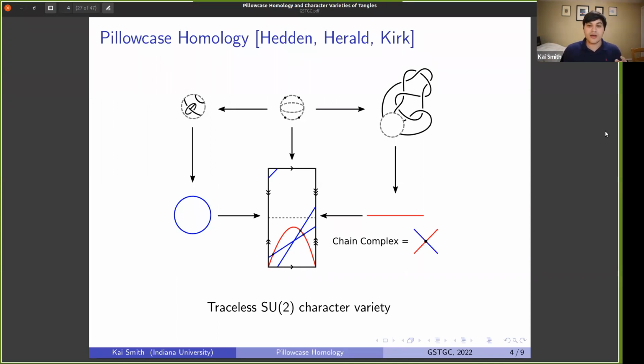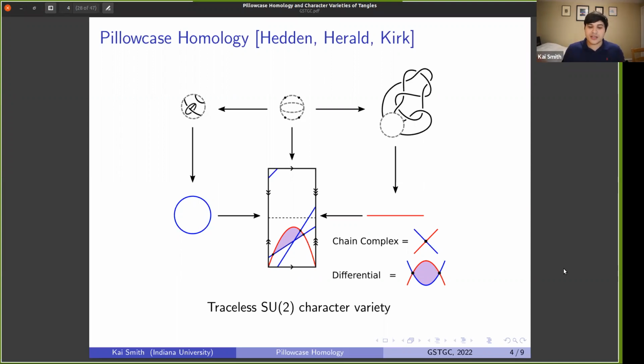So anywhere the blue curve meets the red curve in the pillowcase gives a generator of the chain complex. And then differentials are going to come from bigons. And so it's a shape like this, where one side is bounded by one Lagrangian and the other by the other Lagrangian. And so a bigon like this would be a differential from this generator to this generator.